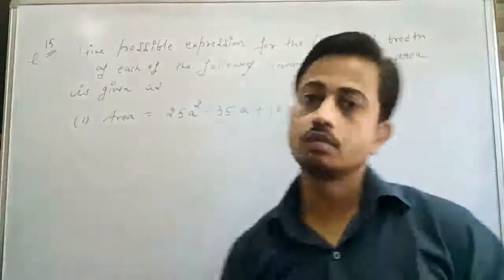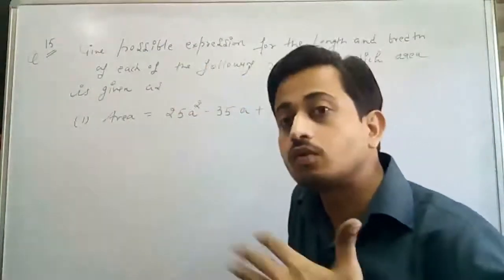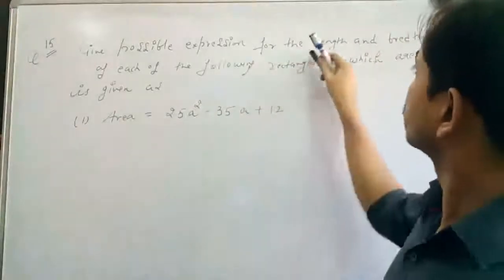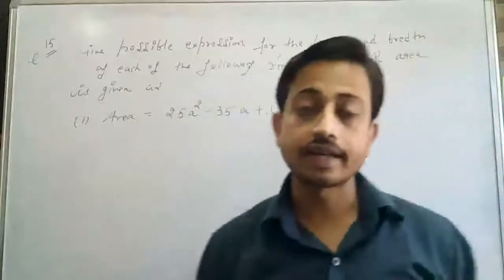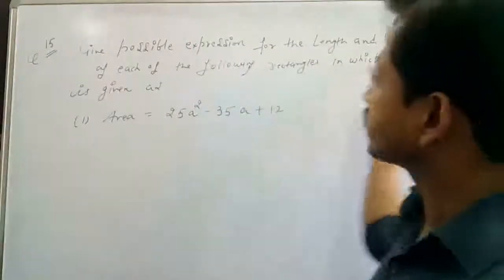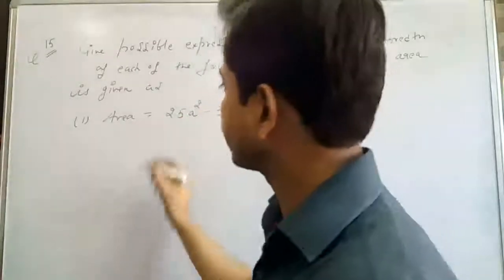Now look at question number 15. Give possible expressions for the length and breadth of each of the following rectangles, in which the area is given. What is the area of a rectangle?